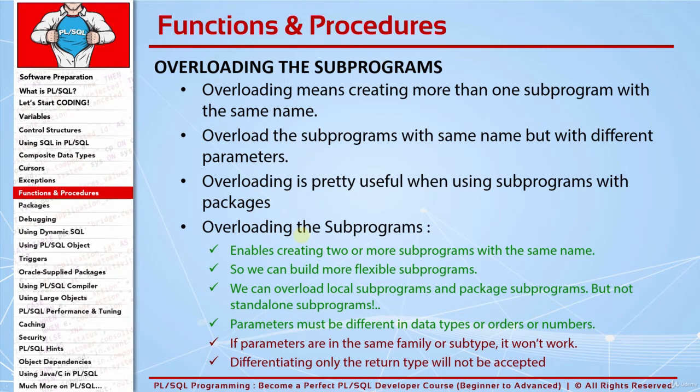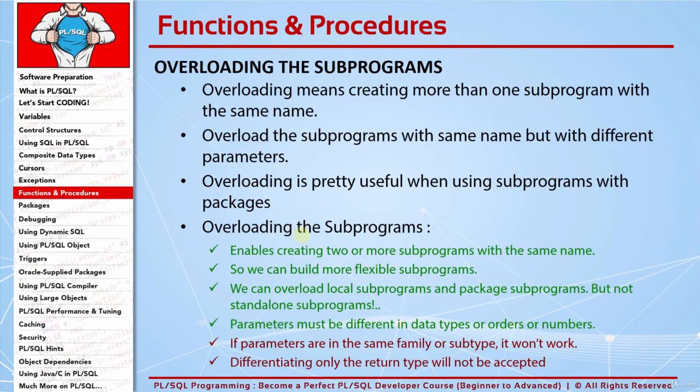Before continuing with the examples, I need to explain to you how the database server finds or decides the right subprogram. It starts searching from the most inner place to the most outer one. I mean, if you overload the local subprogram, it first checks the local ones. If there is only one, it is directly executed.